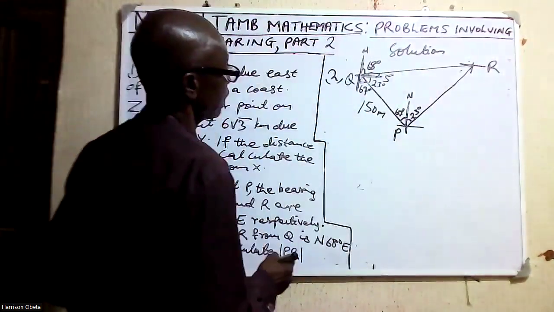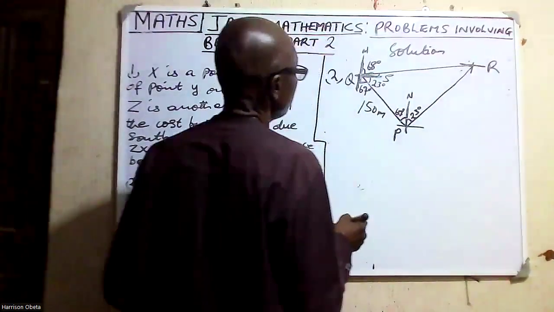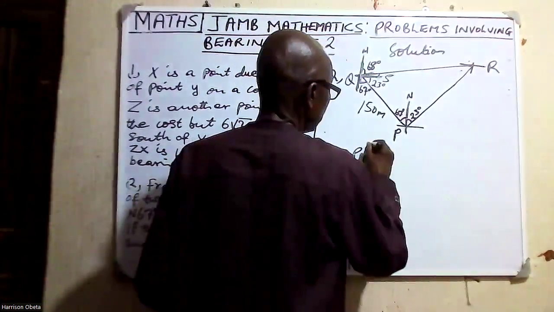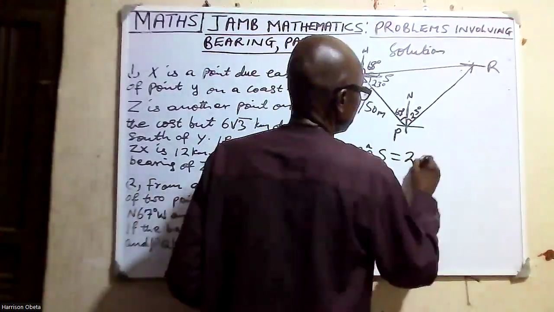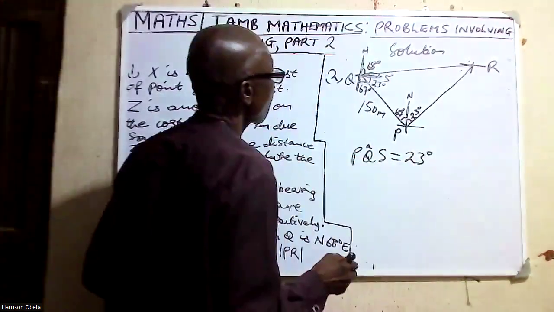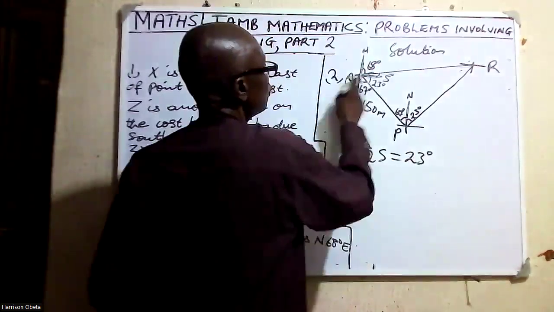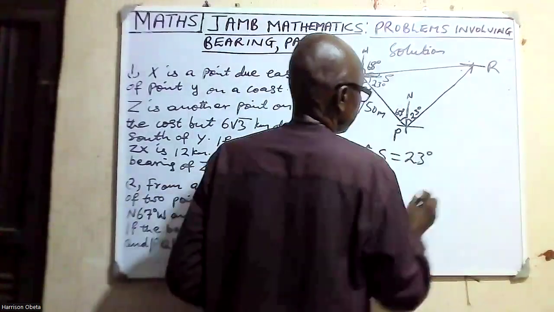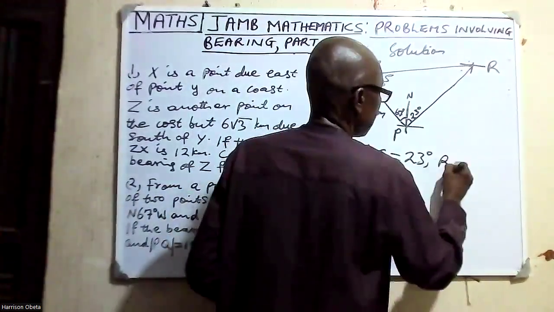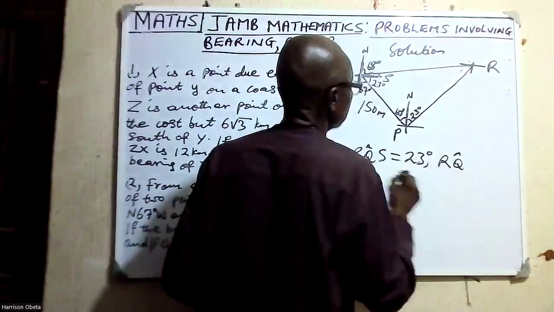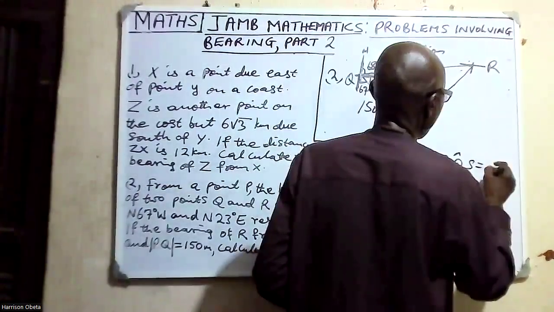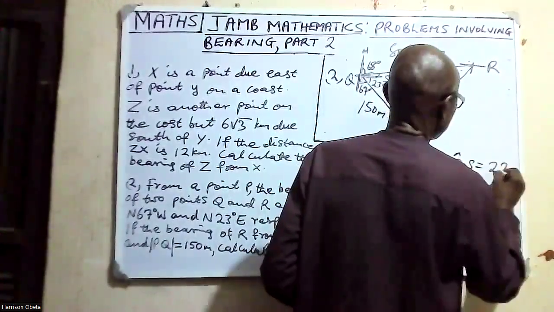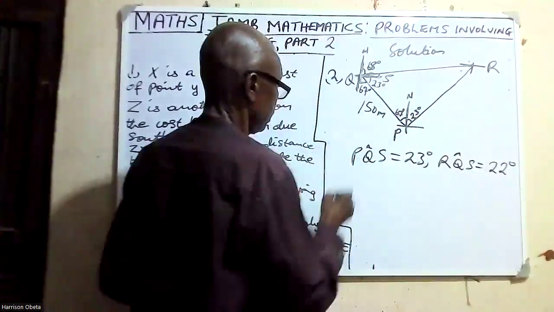So that means we are saying that PQS is equal to 23 degrees, while RQS is equal to 22 degrees.